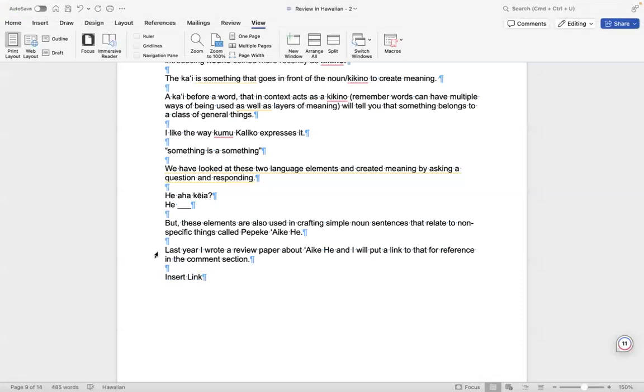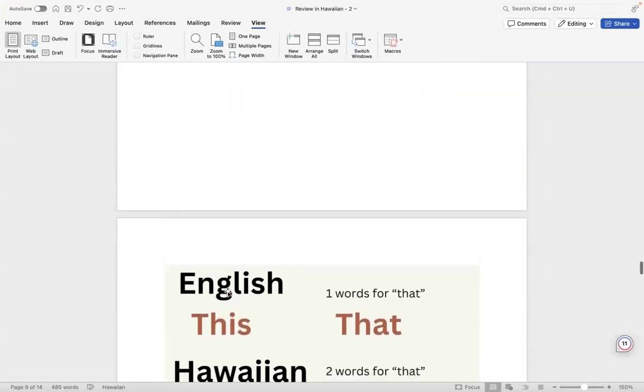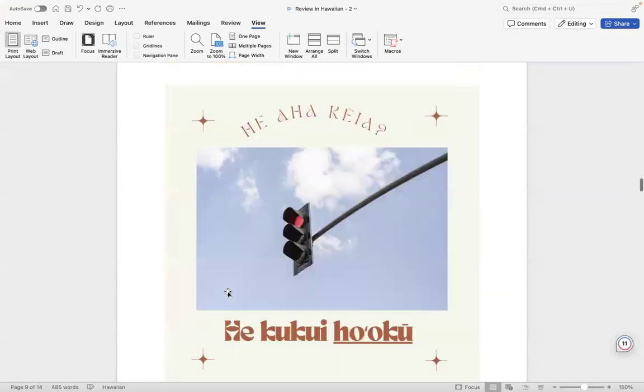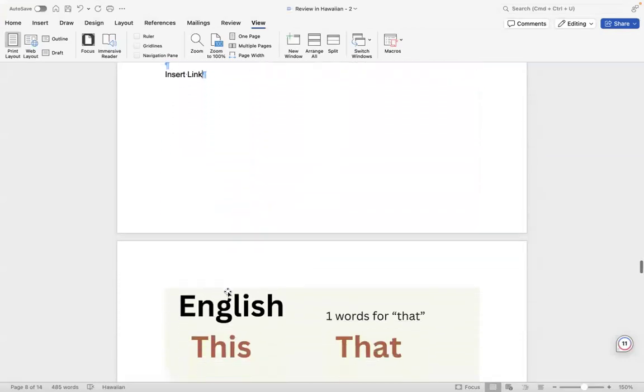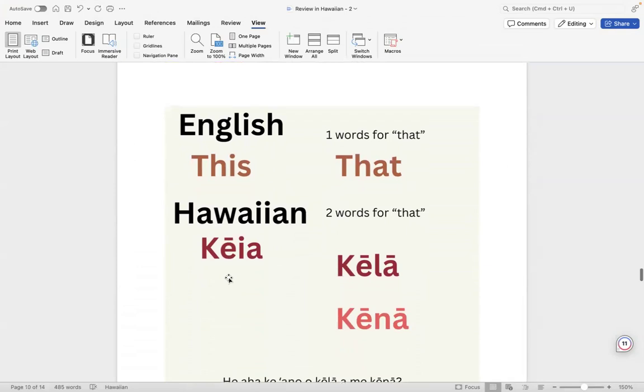Good. All right. So now, actually, the main part of the lesson for today, or the review, is to look at this word for this, kēia. And I really, really like the way that she explains it in Kaleha Aheo.